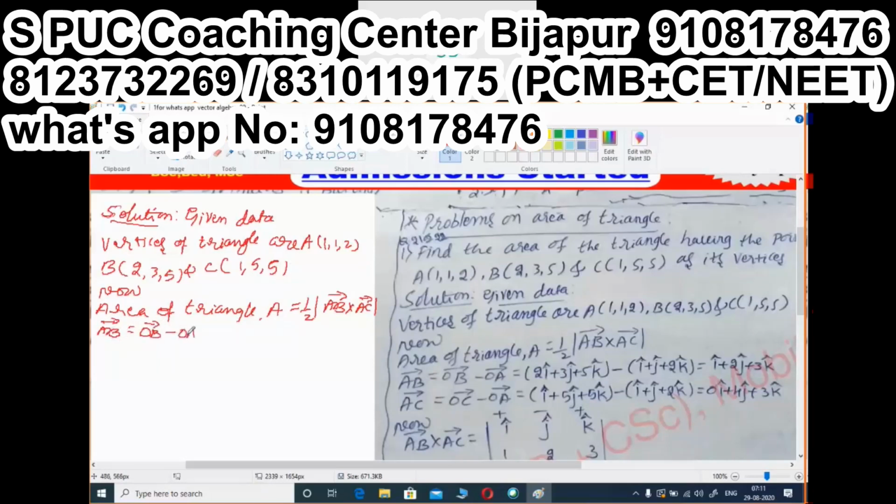Then you are going to get AB vector, OB minus OA. For AB, you take the second point's position vector minus the first point's position vector, then you are going to get AB vector.